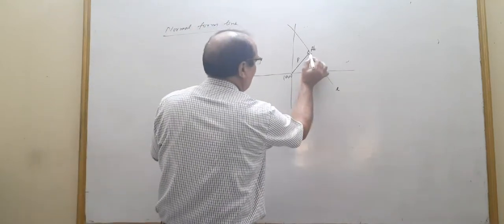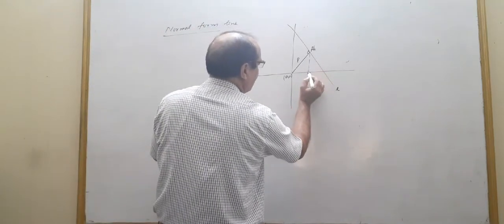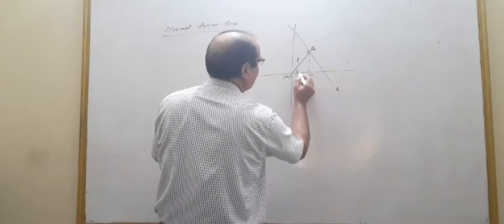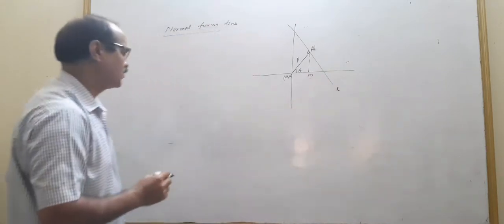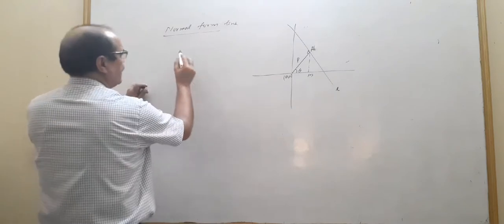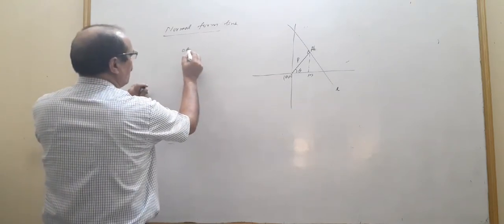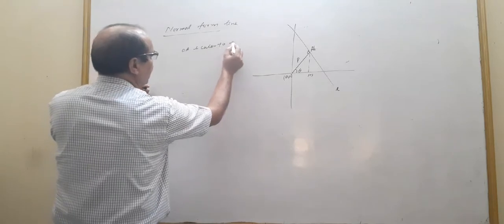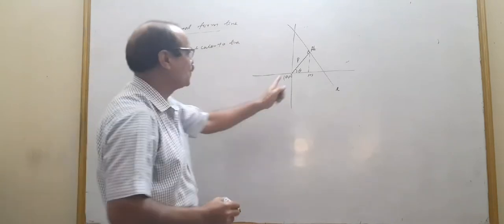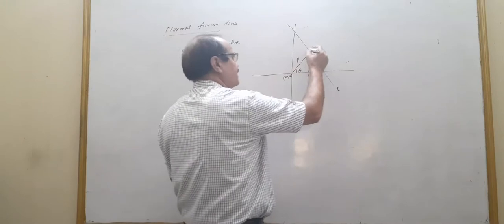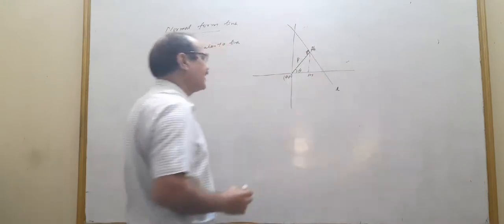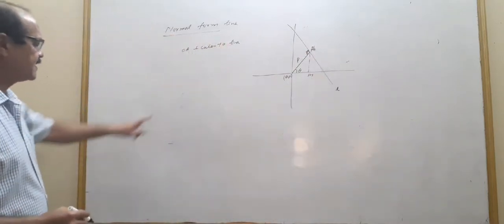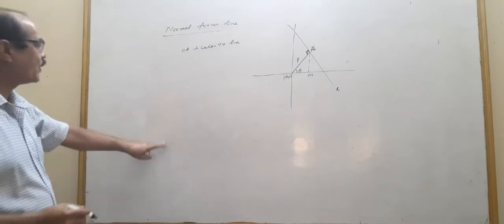Now, how to get the coordinates of this point A? Let this be M and let this be the angle theta. This OA is perpendicular to the line, making an angle of 90 degrees, and P is the perpendicular distance of the line from the origin.